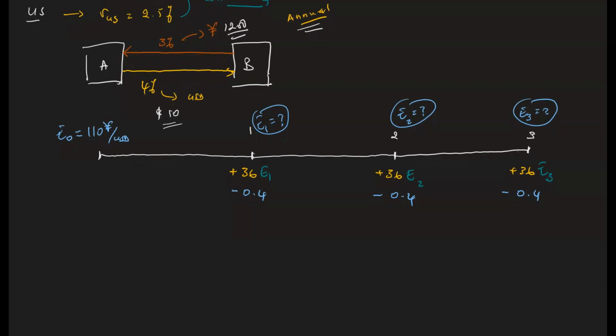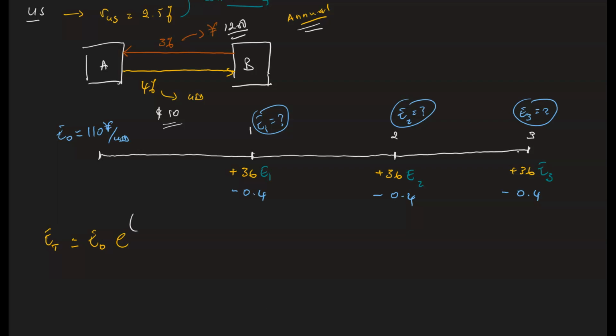Now we remember our covered interest arbitrage relationship, or our interest rate parity relationship, and what that said was the following. Our forward exchange rate for any period was equal to the spot exchange rate multiplied by the exponential of our domestic interest rate.